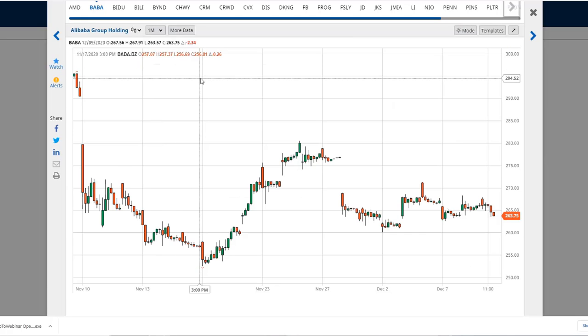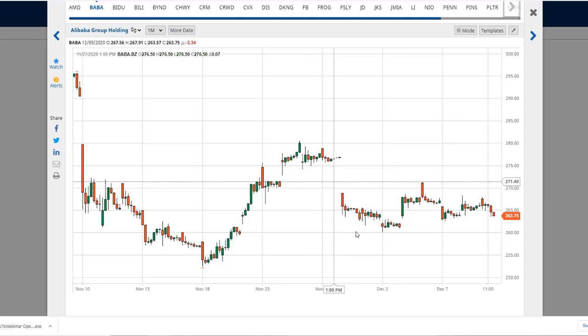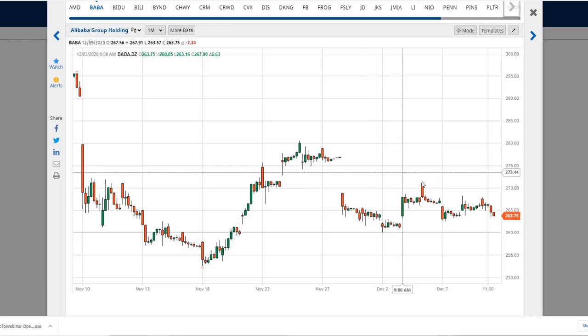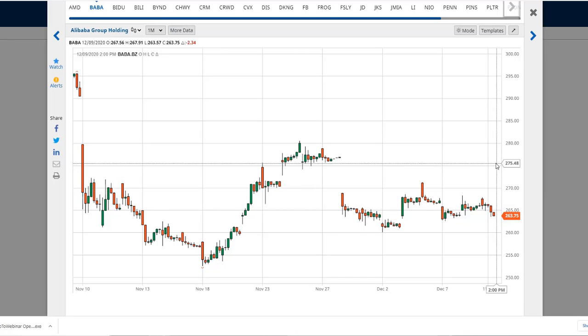So I'm going to go to a monthly chart so I can look at that. You can see here, this 265 is an area of resistance where price is now. We're in this sideways action, and we are making a downward trend. So this is an area where we should find some resistance, and that 275 is way back up here.